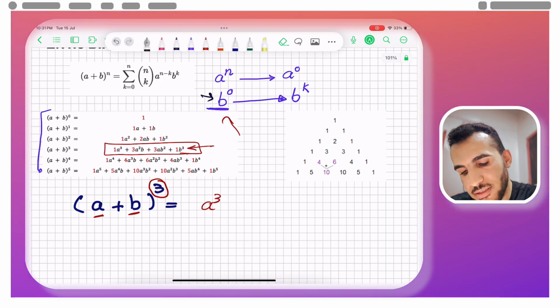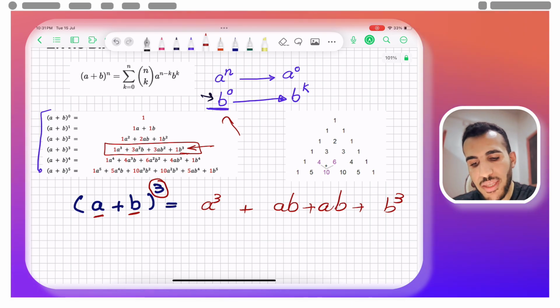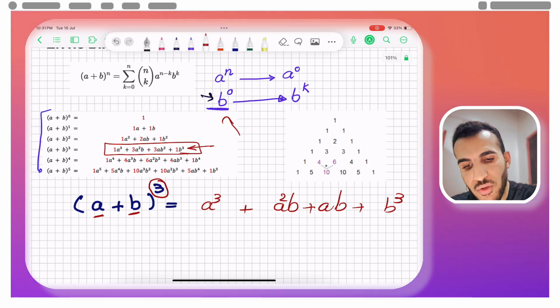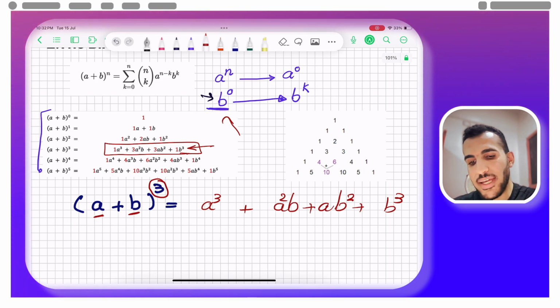So I'm going to cancel it, and plus ab plus ab plus b raised to the third power. As I mentioned, a decreases, so this is going to be 2 and this is going to be 1, so we don't need to write 1. And b always increases, so this is going to be 1 and this is going to be 2. Let's look at the coefficients that we have inside the Pascal triangle.